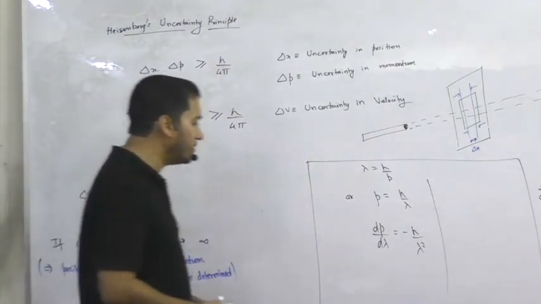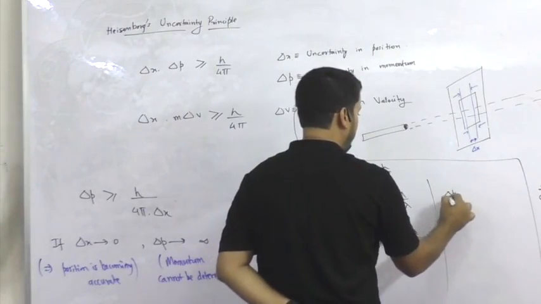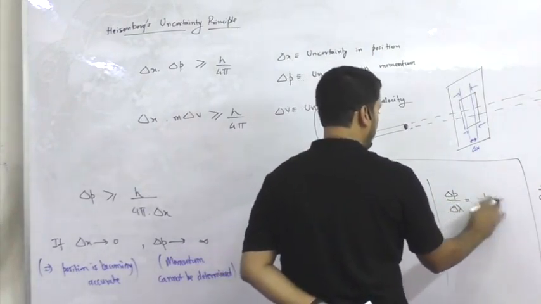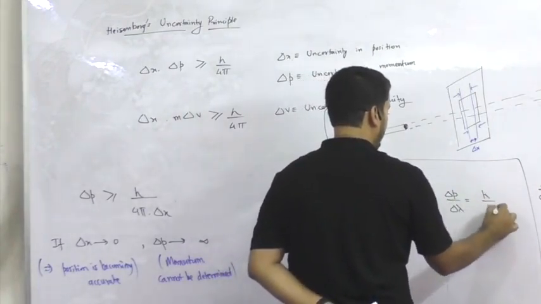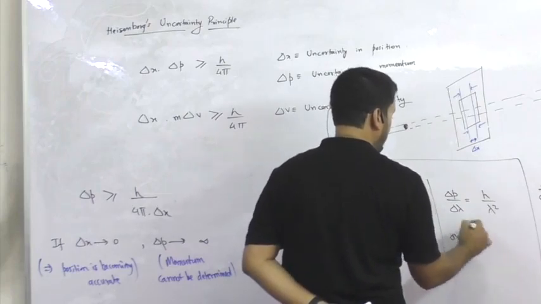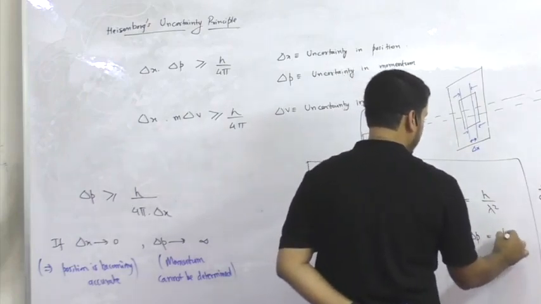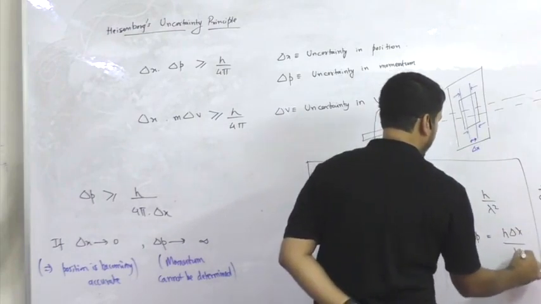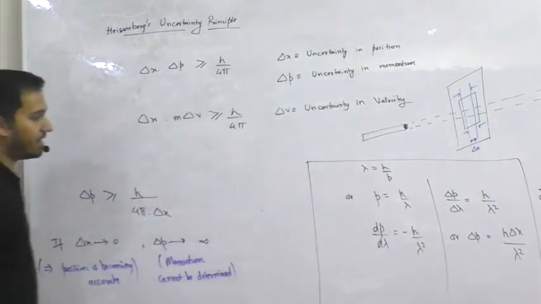If I take the mod value, then I get delta p by delta lambda is equal to h by lambda square, or I get delta p, which is the uncertainty in momentum, as h delta lambda upon lambda square. Okay, h delta lambda upon lambda square.